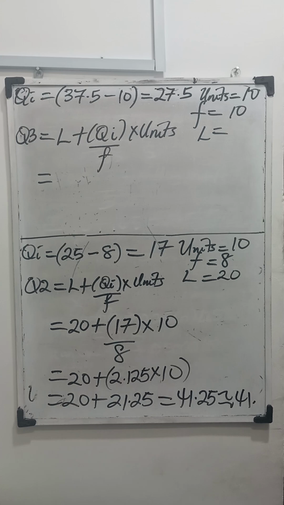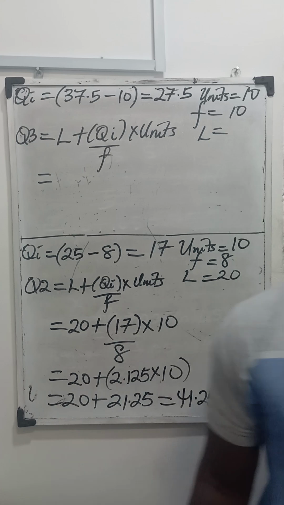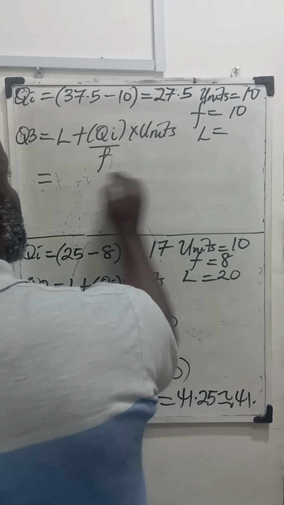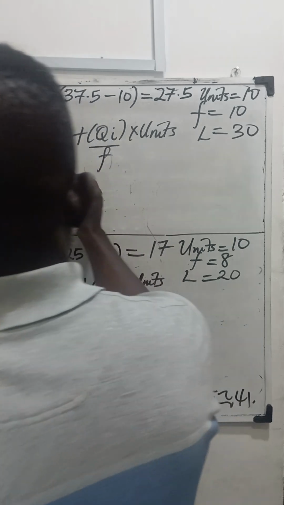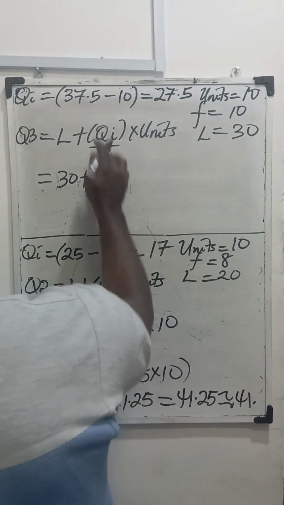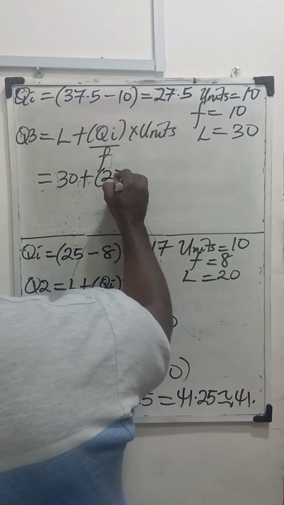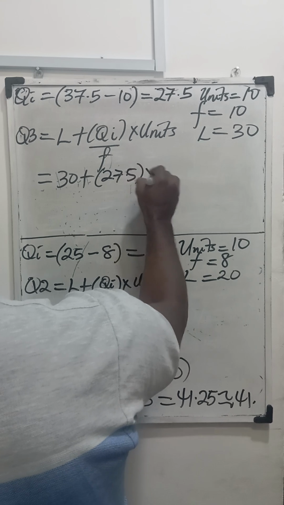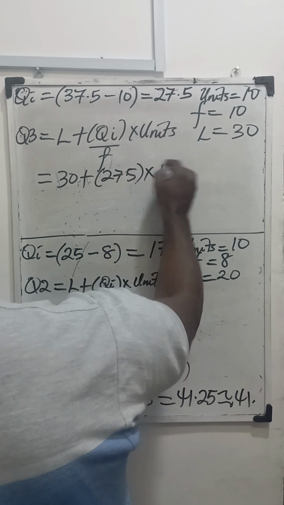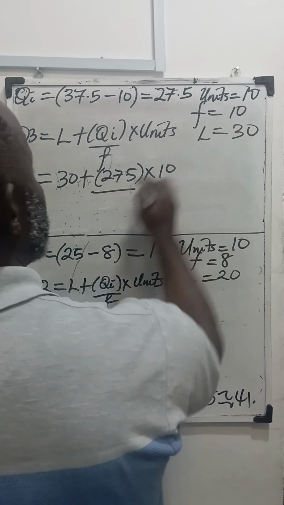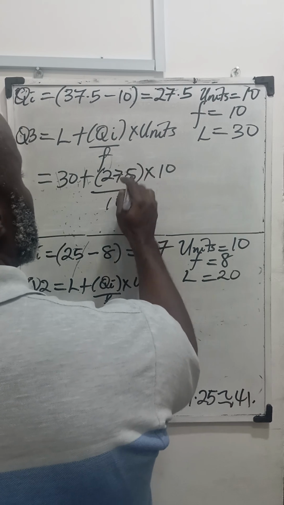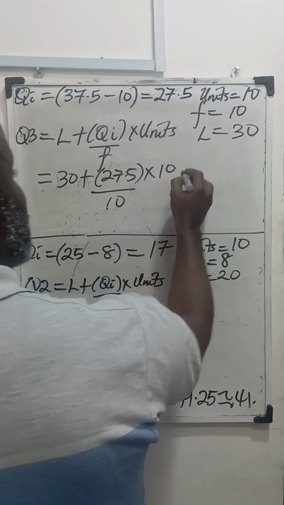What's the value for L from the frequency table? The value for L from the frequency table is 30. So we have 30 plus Q1, 27.5, times units 10, divided by the frequency. The frequency is also 10.